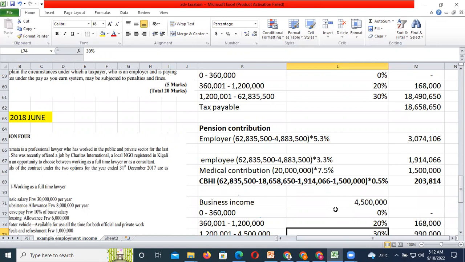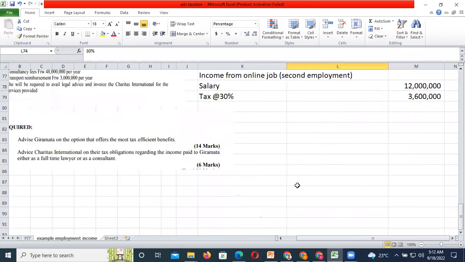Then you get the net salary. So after getting the net salary, multiply by 0.5 to get the CBHI. So that is it, I don't know if you have got it this time.